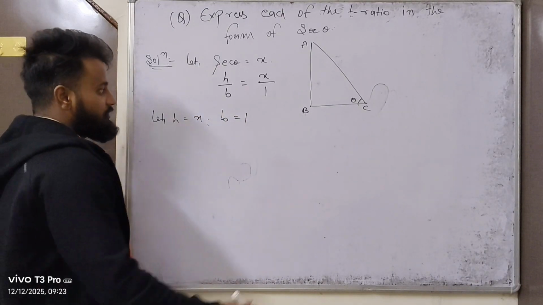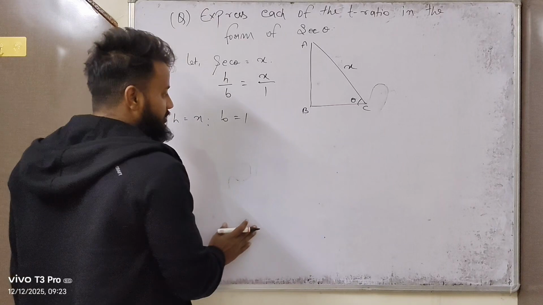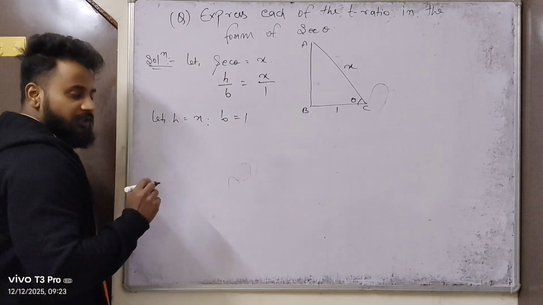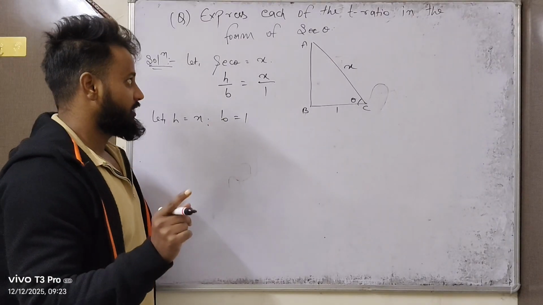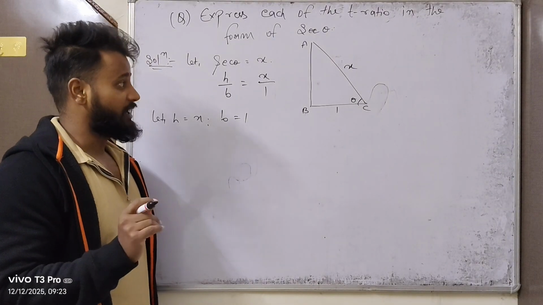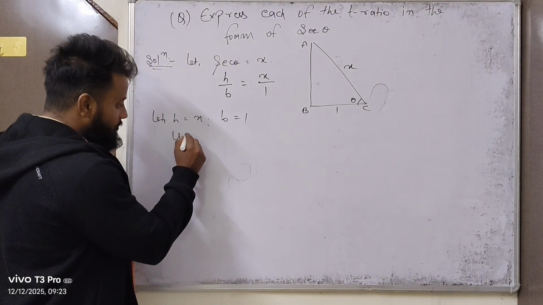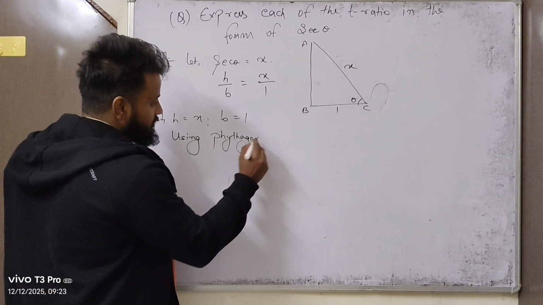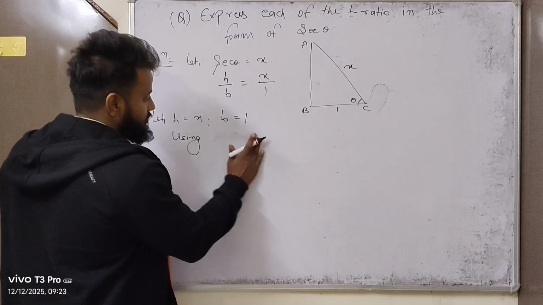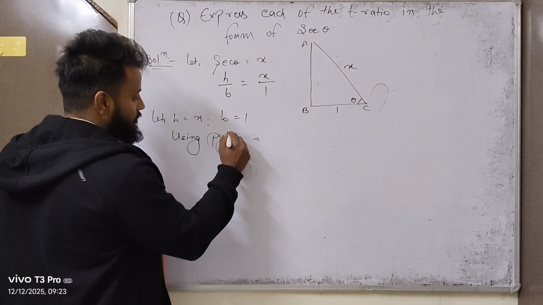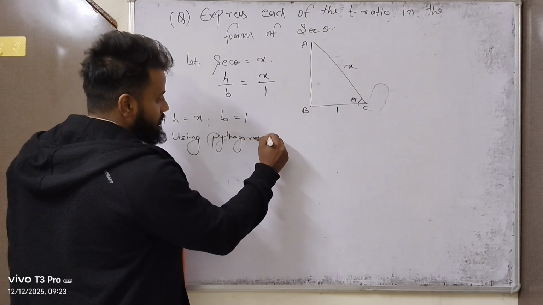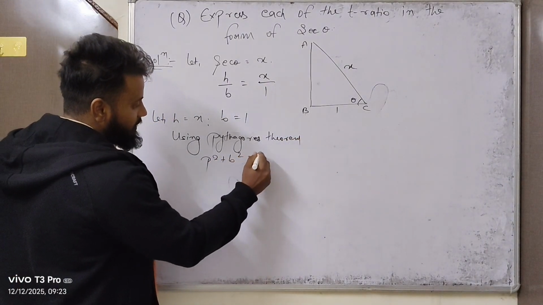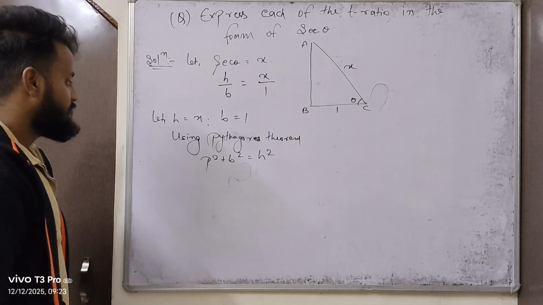So what we had supposed? We had supposed that the hypotenuse is equal to x and the base is equal to 1. As we know, we can use trigonometry in the form of a right angle triangle, so using the Pythagoras theorem, that is p square plus b square is equal to h square.